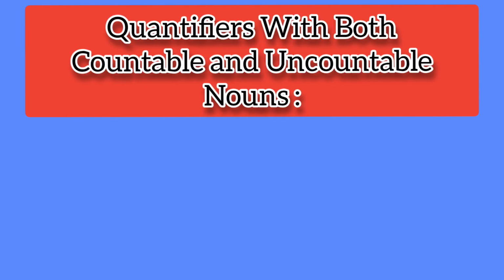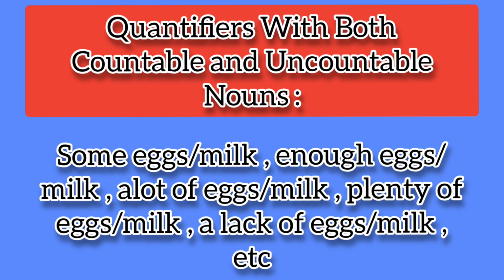Now let's understand quantifiers with both countable and uncountable nouns. Some eggs, some milk. So here some is a quantifier used with both countable and uncountable nouns. Okay, so some eggs, countable noun; some milk, uncountable noun. Enough eggs, countable noun; enough milk, uncountable noun.